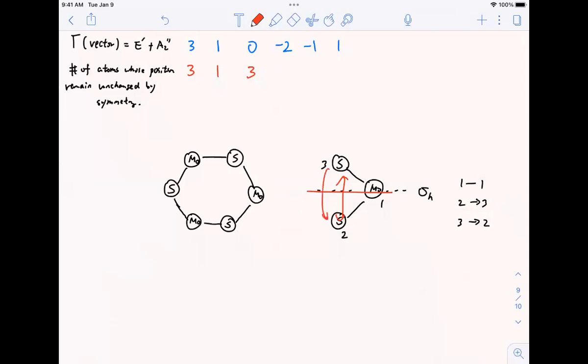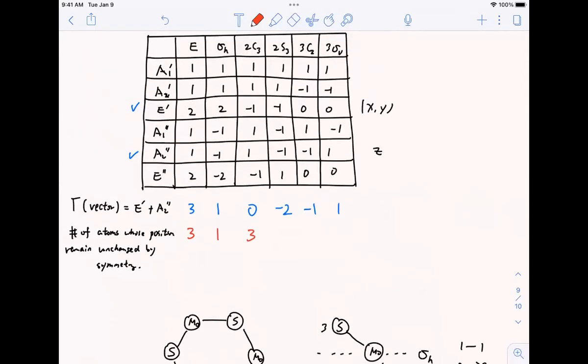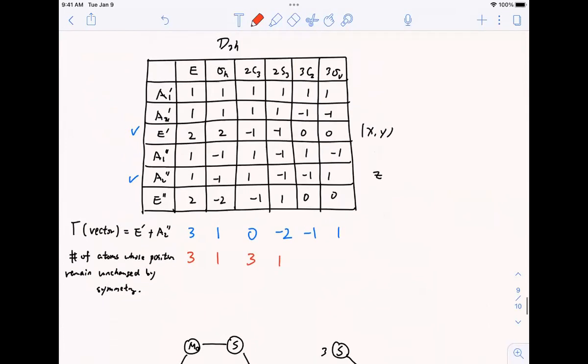So these 2 change position. The only thing that will remain the same is 1 to 1. Is it okay? So can someone tell me the number for S2, S3? 1. Yeah, it will be 1. Okay, good.